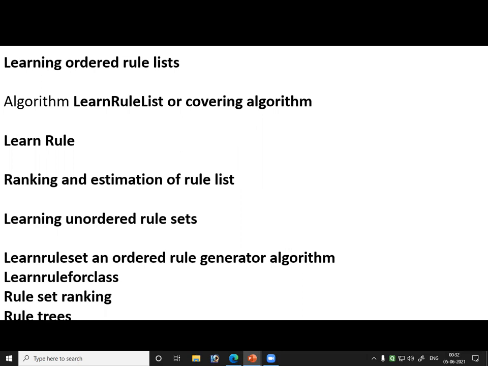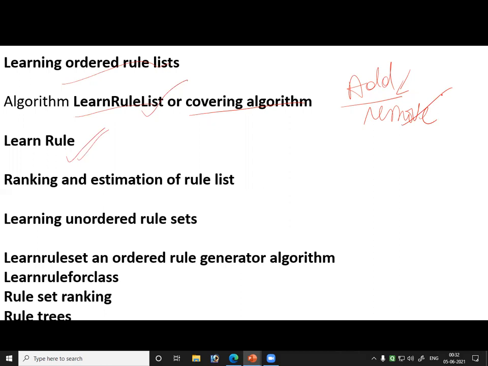In this whole chapter, we first learned about learning an ordered rule list. We learned the learn rule list, or covering, algorithm, and another algorithm, learn rule. You might remember this is just add and remove: find a rule, get the best literal, add it, and remove from the set.